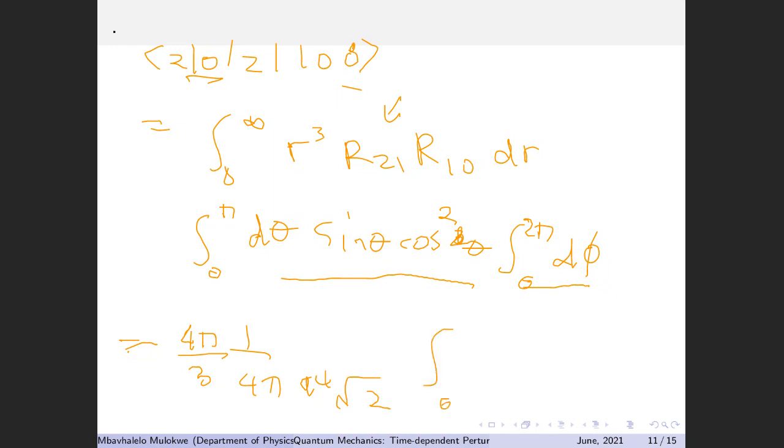During the test and exam, I will always ask you this type of questions, so you should be able to do what I am doing. You get the integral from 0 to infinity of r to the 4 e to the minus 3r over 2a dr. This is the only integral that's left, and this is a gamma function.